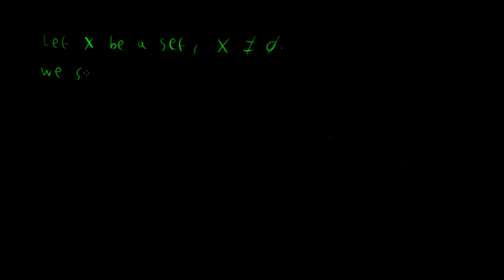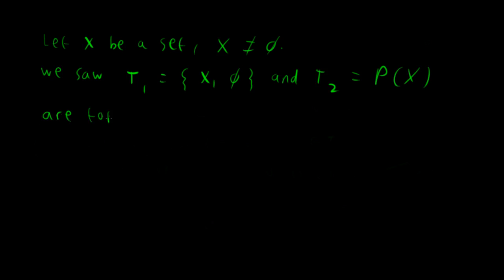We saw, let's say, T1 equal to X and the empty set, and T2 equal to the power set of X are topologies on X. Okay, so we saw that.